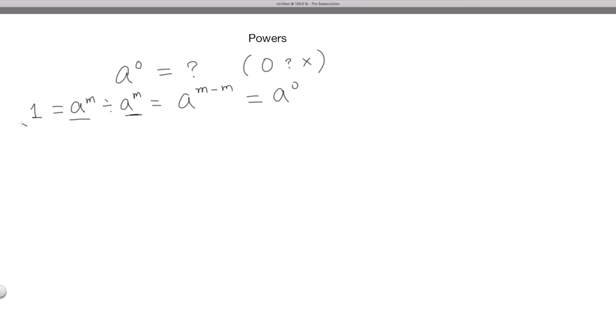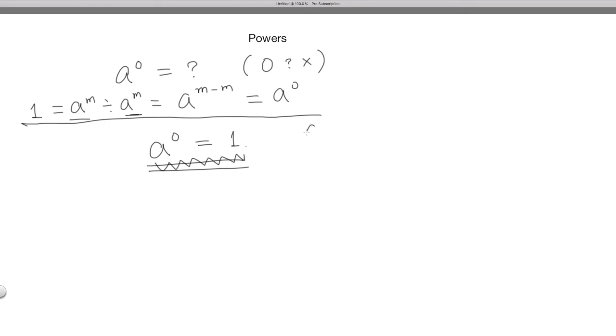So really just for consistency, a to the power 0 equals 1. This is more of a convenience for consistency in deriving all those properties, and you're going to remember this: a to the power 0 equals 1.